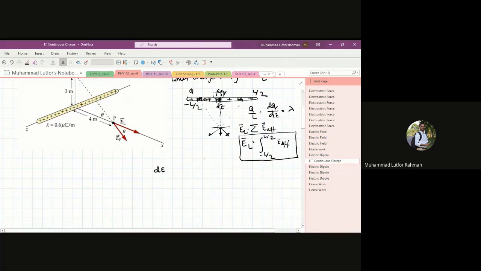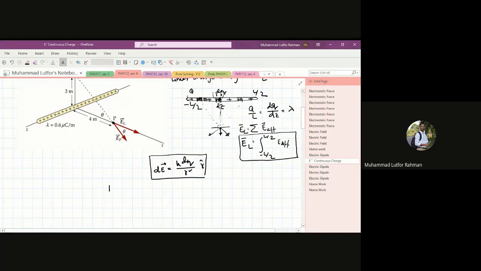Since I'm going to integrate over the differential element, dE will be k dq over r square in magnitude. Since the electric field is a vector, I will write the r hat, right? So this is the electric field contribution by a differential element.